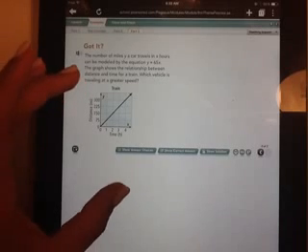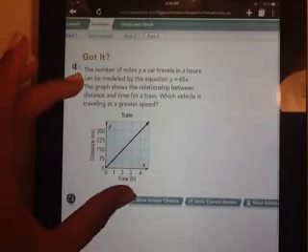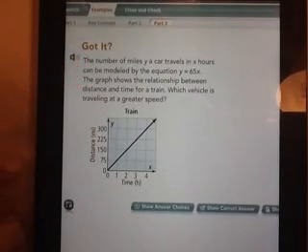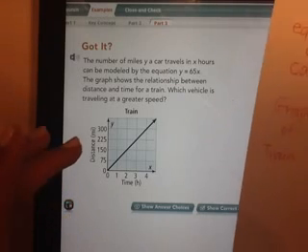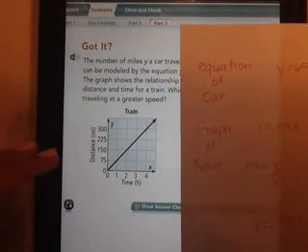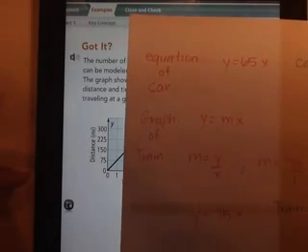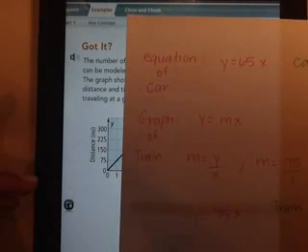Moving on to this last example. The number of miles y a car travels in x hours can be modeled by the equation y equals 65x. The graph shows the relationship between distance and time for a train. Which vehicle is traveling at a greater speed? So we have our equation for the speed of a car. Now we need to write an equation for the speed of a train. So once again, this is unit rate. Speed is represented as unit rate, so I'll use y over x.